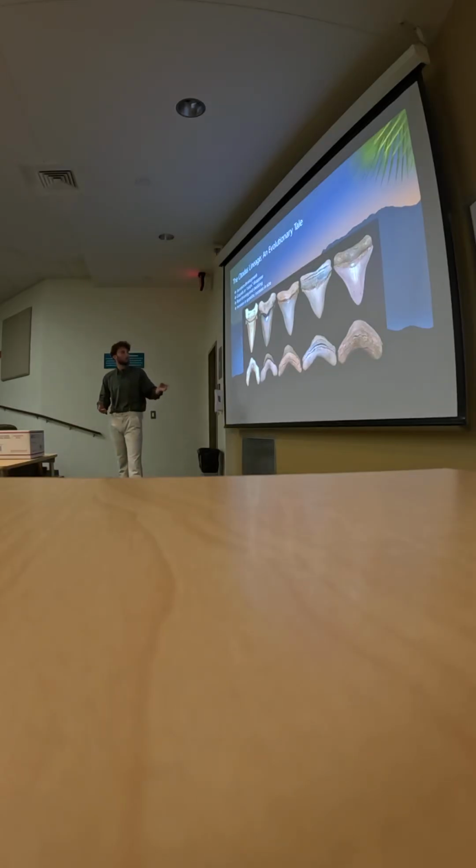So another thing that you'll notice about this lineage is their root structures. These earlier sharks had much thicker root structures than their later counterparts. And the belief behind why this occurred is if you're a shark and you have these thick root structures, your teeth are going to be very firmly planted in your jaw.